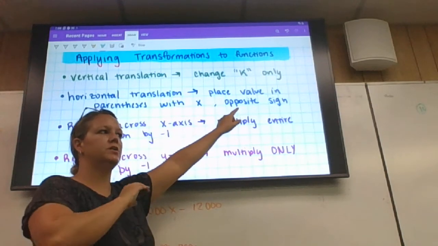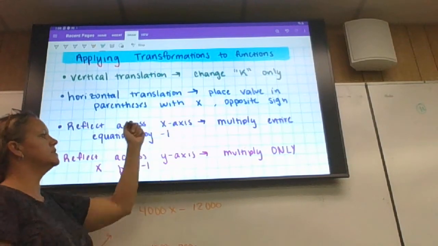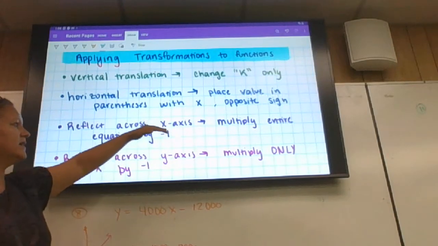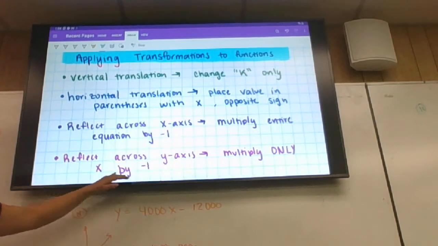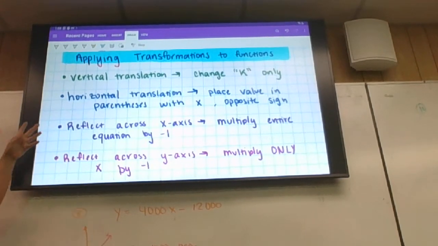So if you're doing your work and you're just blanking out on which one's opposite, look at this, it's for a horizontal translation. To reflect across x, you multiply the entire thing. To reflect across y, you multiply only the x value by -1.